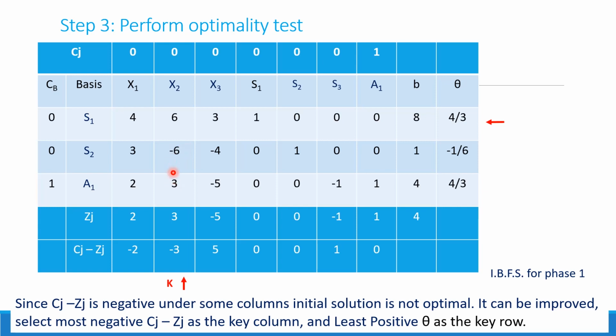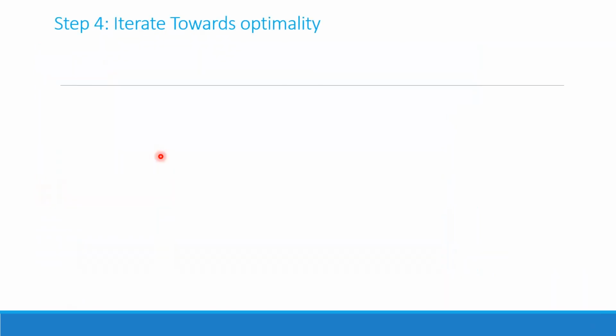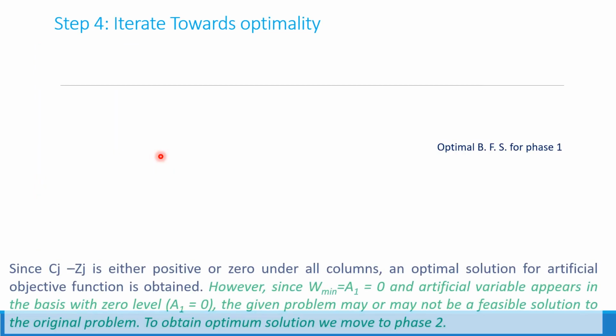The remaining elements in the column have to be made 0. So this will become 1, this will become 0, this will become 0 by suitable row transformation. You have to watch the previous videos on how to perform these row transformations. So let's see how the iteration comes.